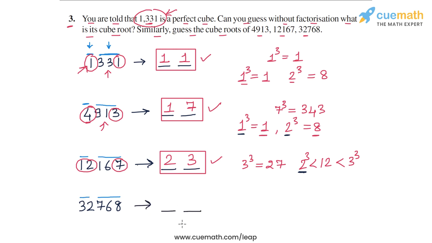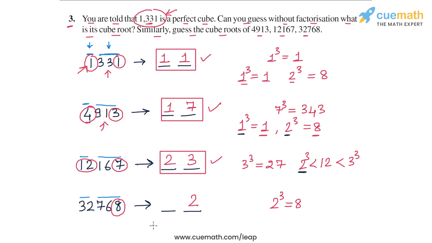To figure out the units digit, let's focus on the units digit of the first group, which is 8. The cube of which digit ends in 8? The only such digit is 2, because 2 cube is equal to 8. So in the units digit of the cube root, we will have 2.